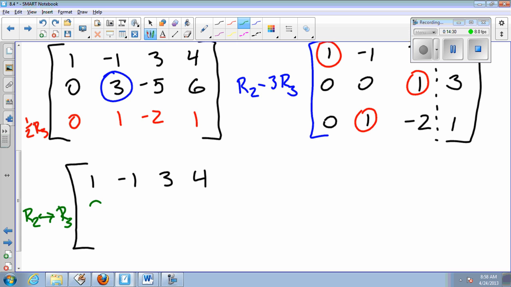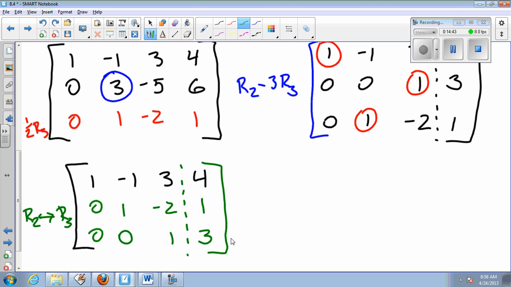So we get 0, 1, -2, 1, 0, 0, 1, 3. So now we are in row echelon form.